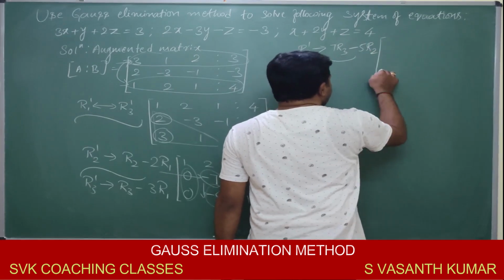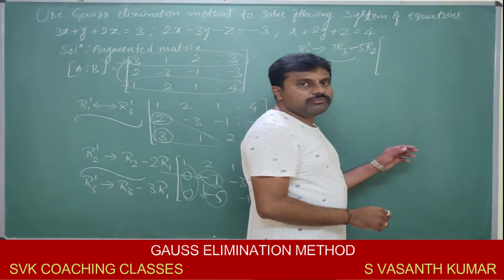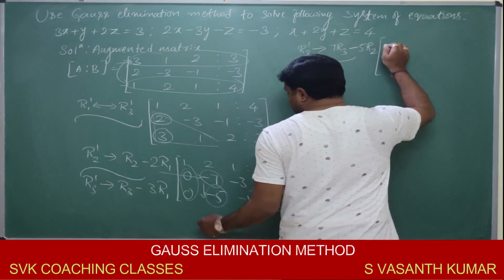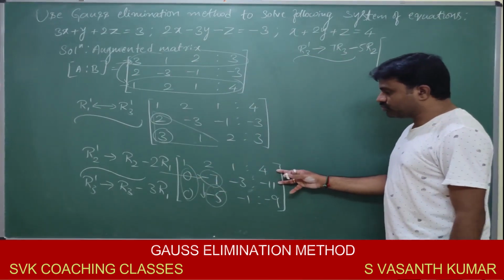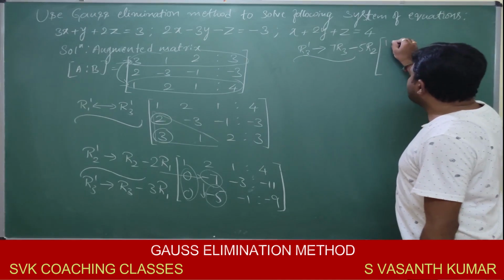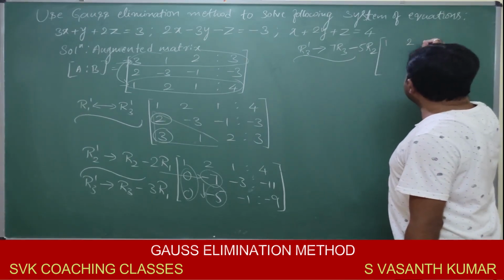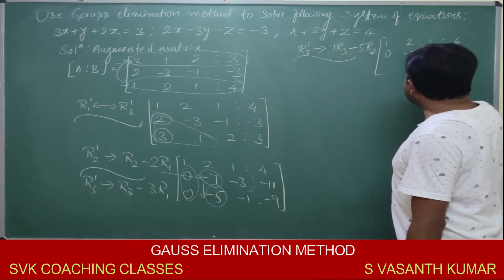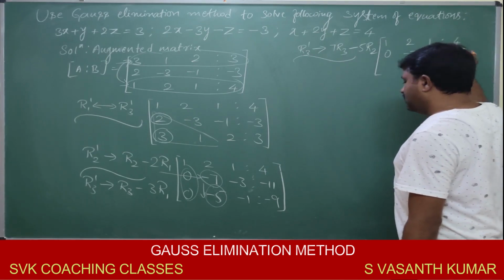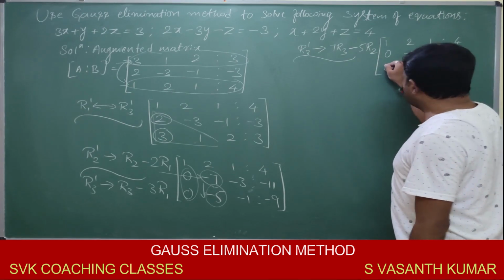So therefore I will get an equivalent matrix. The first two rows will not be disturbed. So you retain as it is 1, 2, 1 is to 4, 0, minus 7, minus 3 is to minus 11, 0.